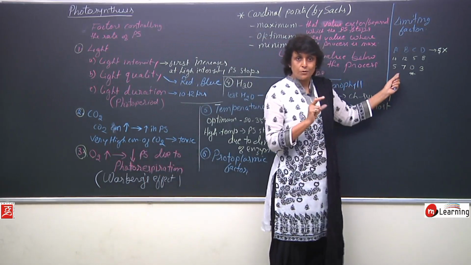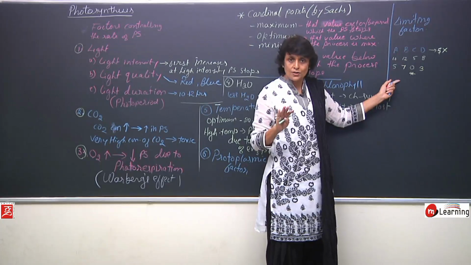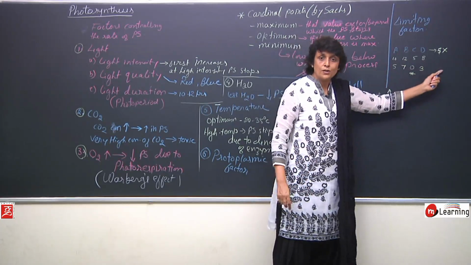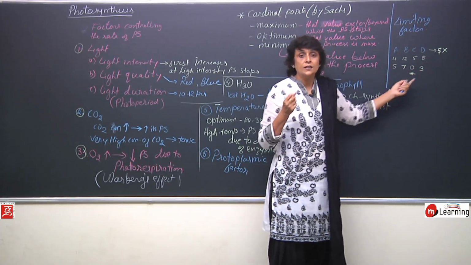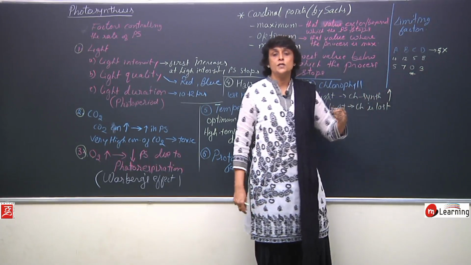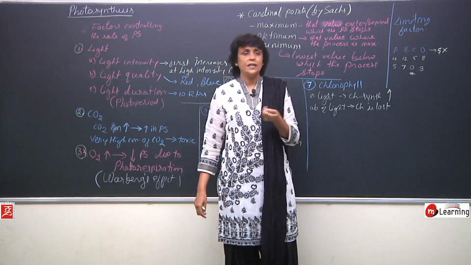So the concept of limiting factor is, if there are 4 things which are required for a process, the rate of the process or the end product which is formed is controlled by the factor which is in its minimum quantity or quality.